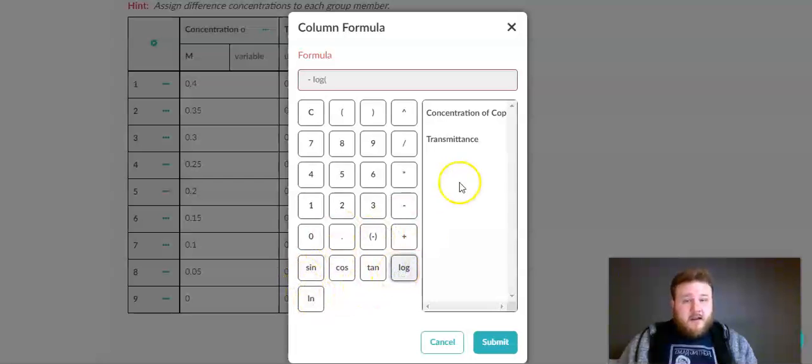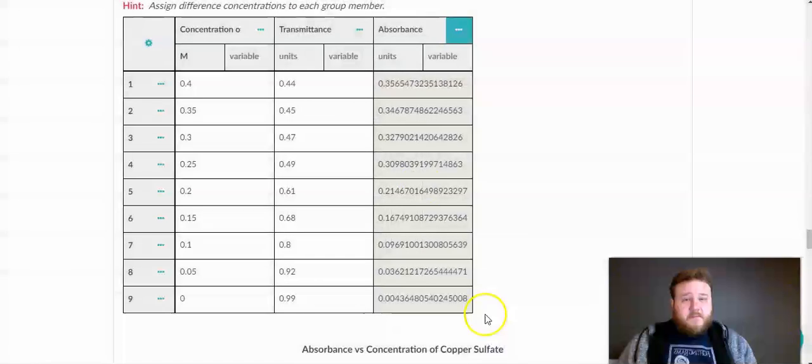I'm going to type log, and then plug in which column I'm using. I'm using the transmittance column, because that's what I want to do the calculation for, and then I click end parentheses. Now it's good. I click submit, and that entire column will use the transmittance data and do a calculation to get your absorbance, because I put the correct equation in.